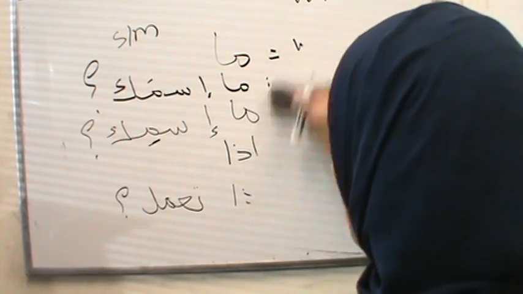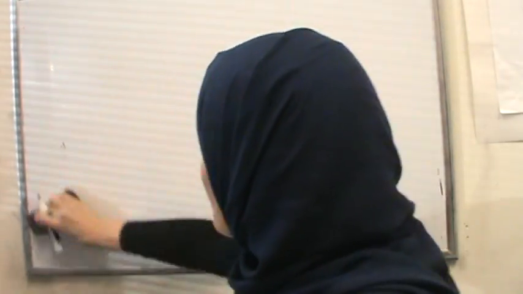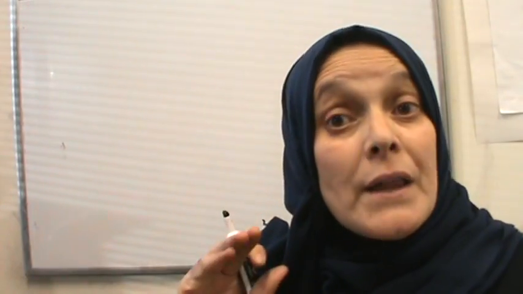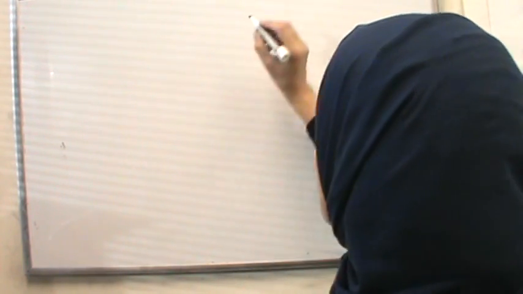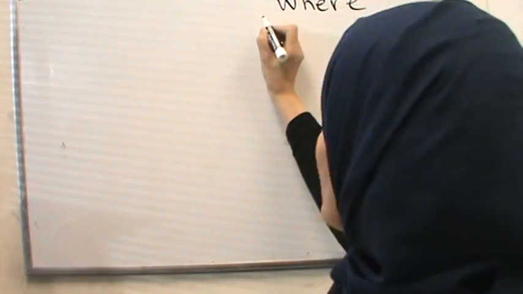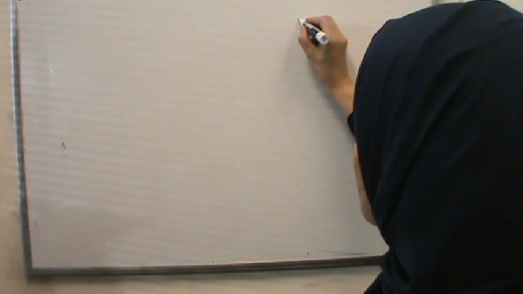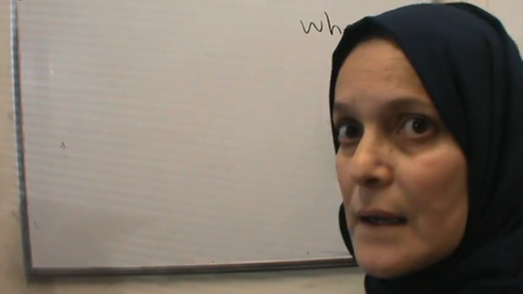Okay, now I'm going to move to where. We have two forms of where. One word goes with questions and the other is used in a statement. Let's go with a question. I make sure that you can see the word in English here.